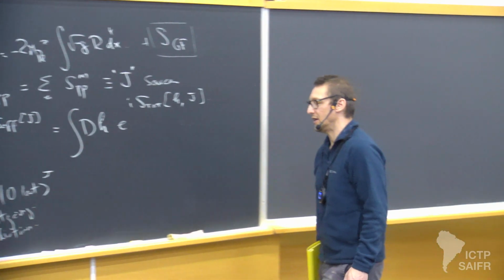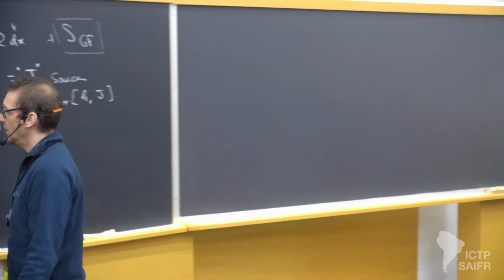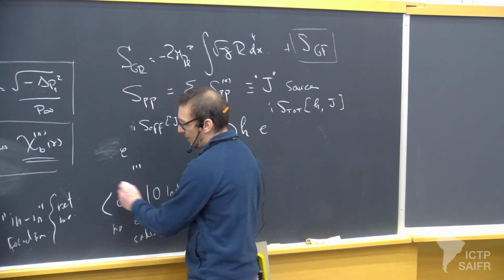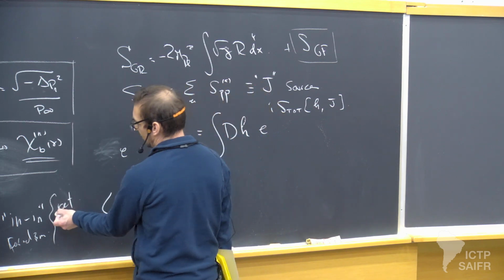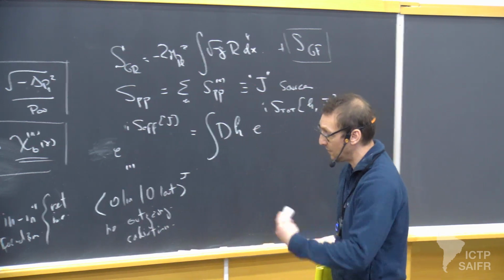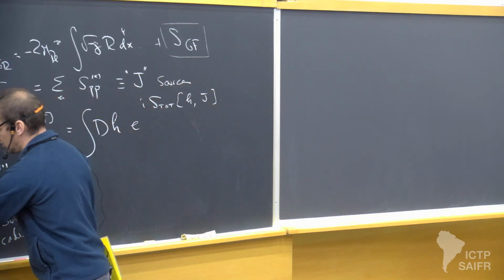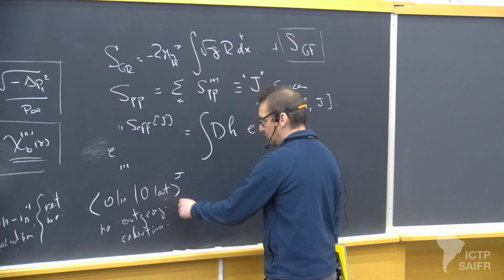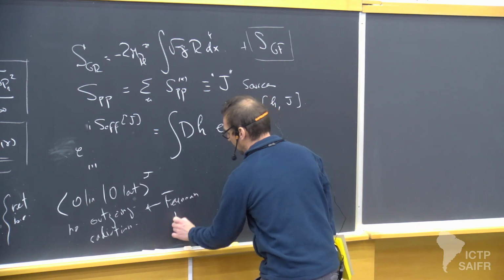But this will take me a little while just to even introduce how this in-in works. This is a subset of this, in which I can symmetrize this retarded propagator to get a symmetric propagator, to get a time symmetric part of this calculation, which is this calculation with Feynman boundary conditions.